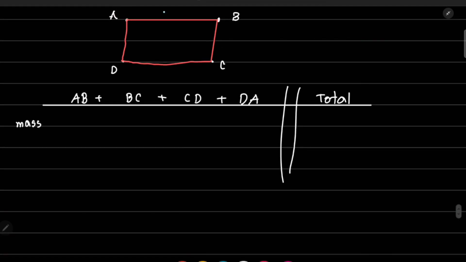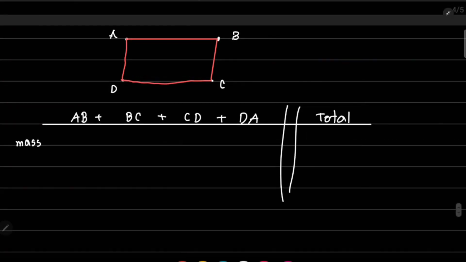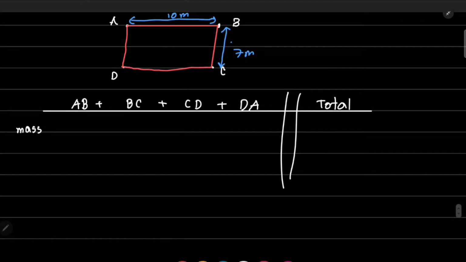So in cases like this, we'll be told that the ratio of masses are the same, so it will just depend on the length, or we might be told that AB has a weight of 3 kg, BC has a weight of 2 kg, something like that. Most likely we are gonna be given the dimensions. So this is 10, this is 7, just for example.